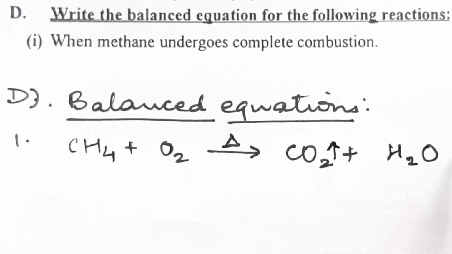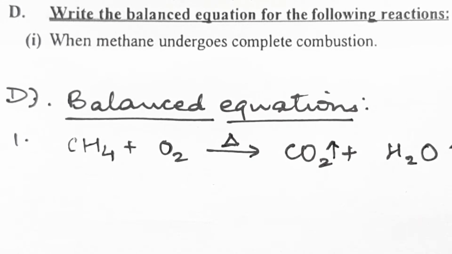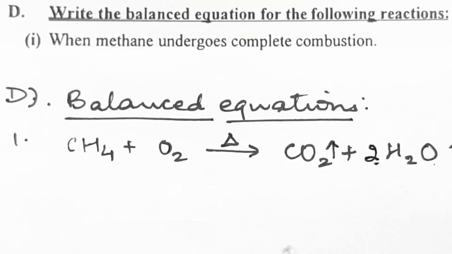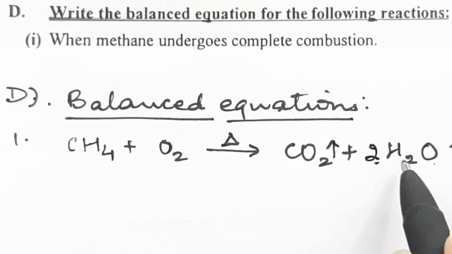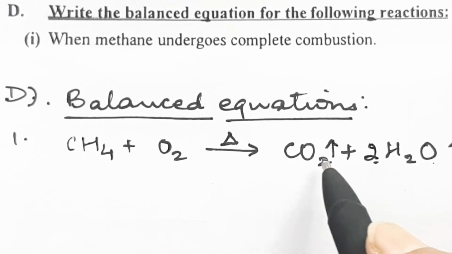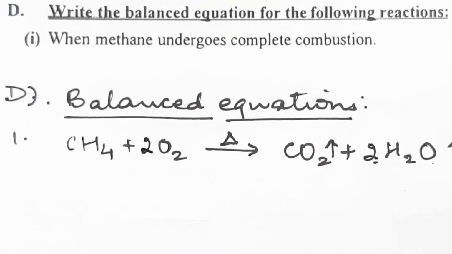CO2 is a gas and this also will be steam. Now here you will see oxygen is an even number, so I'll make this even. Our hydrogen is balanced here, carbon is balanced here, and oxygen is 2 plus 2, that is 4, so that is a balanced reaction.